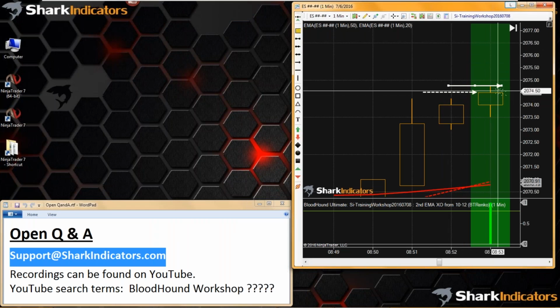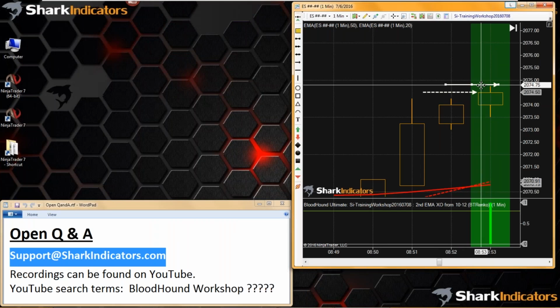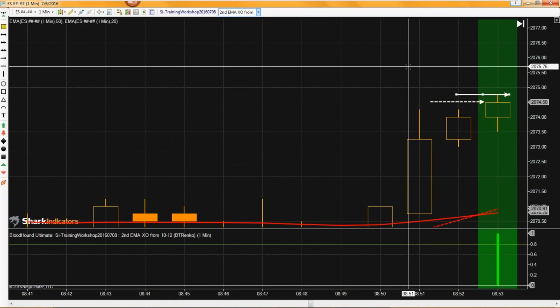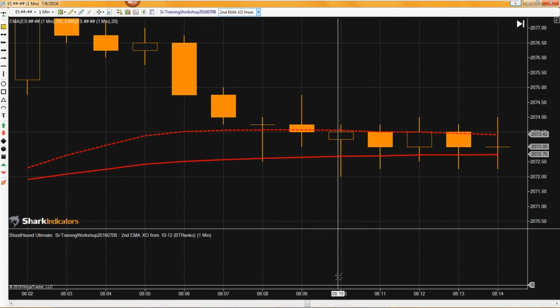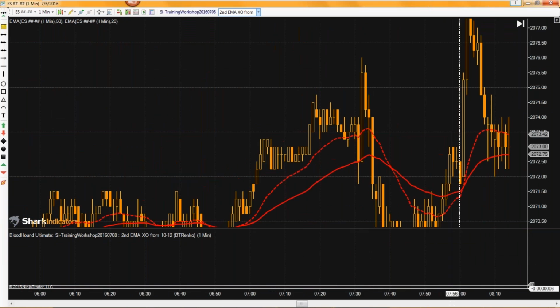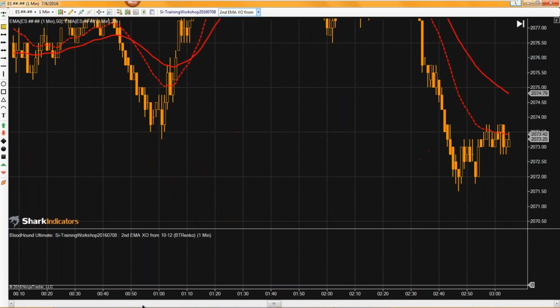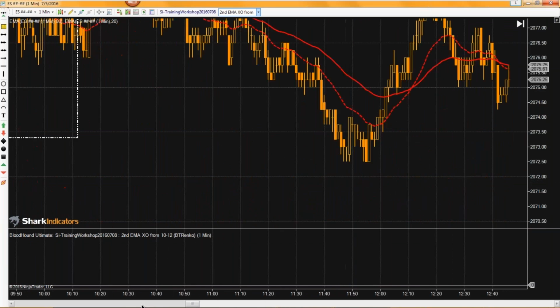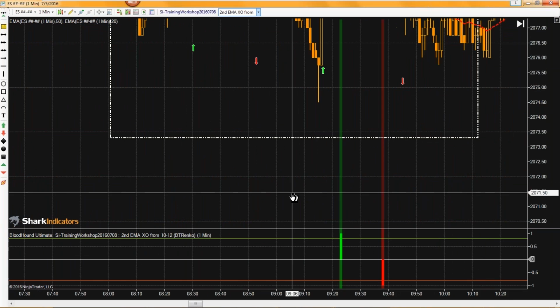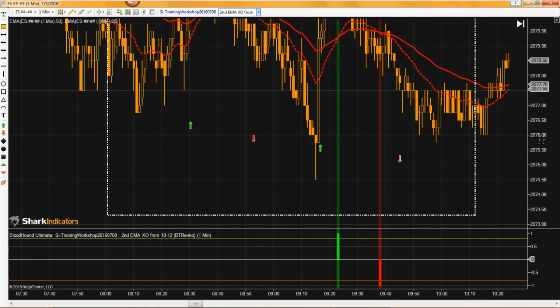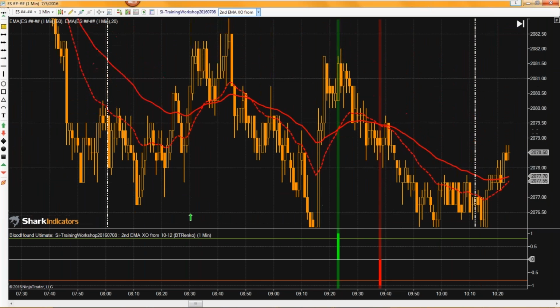Now, if this was a short trade, let's see if I can find a short trade. Ah, yes. There we go. Here's that spot that had a long and a short trade.